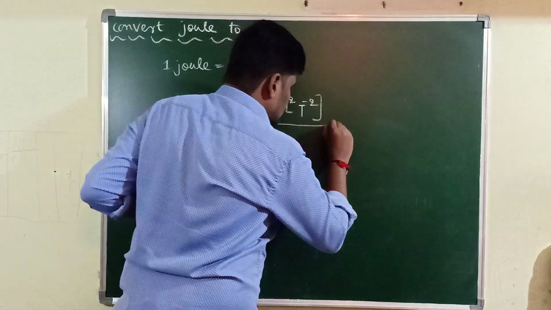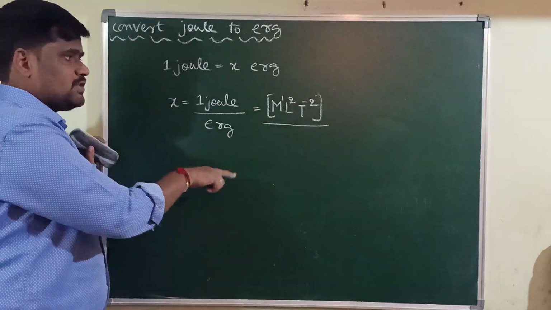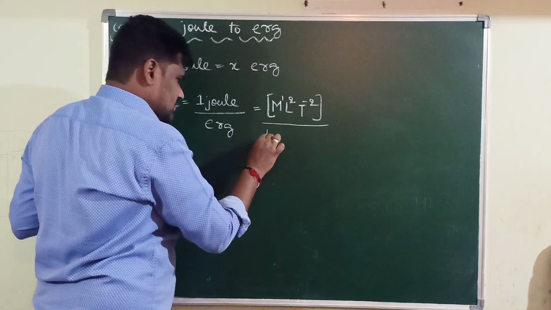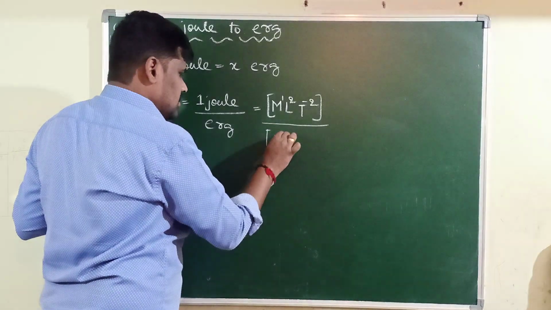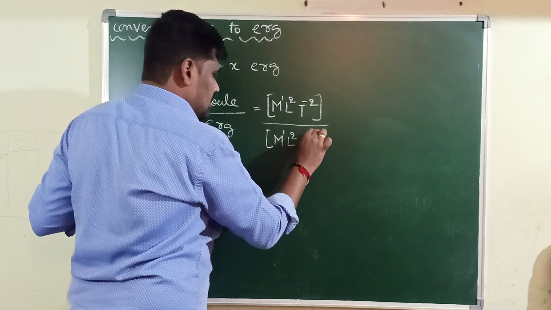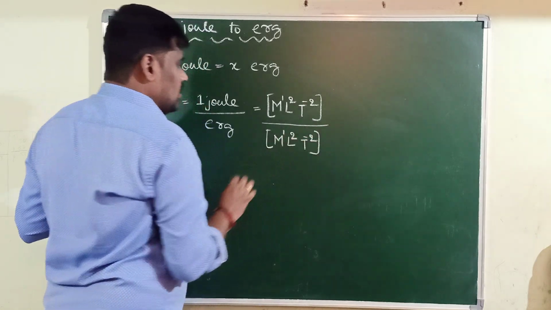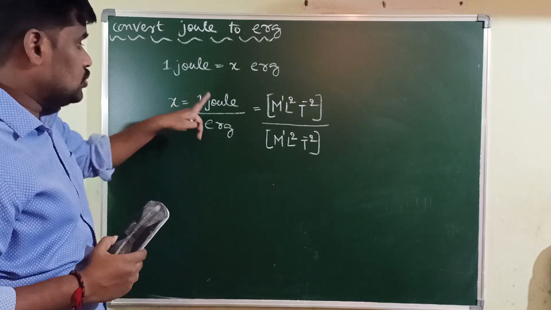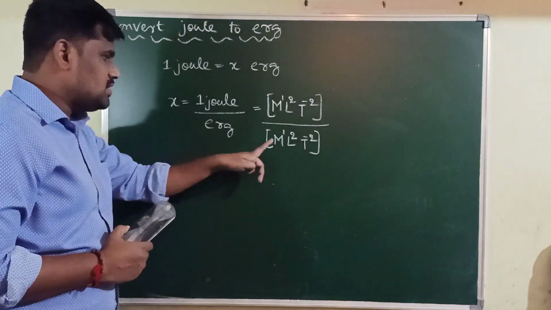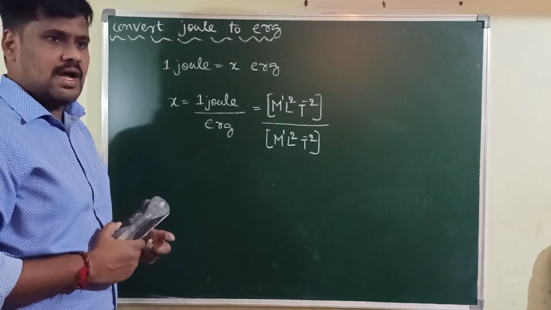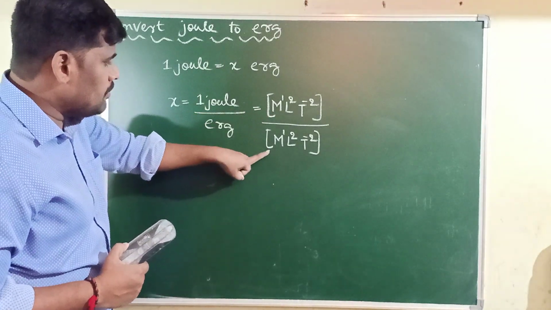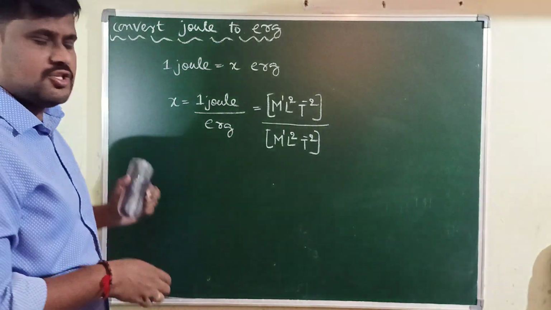Erg is also a unit of energy. That's why I am using the dimensional formula of energy here. That is M power 1, L power 2, T power minus 2. But the only difference is joule is in SI system, erg is in CGS system, or else numerator is in SI system, denominator is in CGS system.